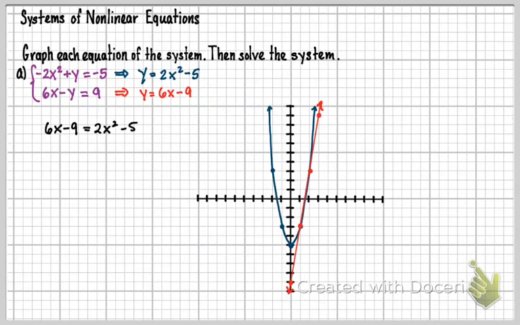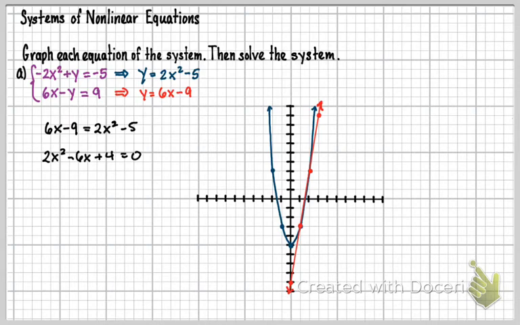Okay, so now I'm just going to move everything over to the right side because I want to keep my x squared positive. Anytime I see an x squared or higher exponent for my variable, I'm always thinking standard form, moving everything to the same side, 0 on the other side, and then factoring or the quadratic formula if possible. So this is going to give me 2x squared minus 6x, plus 4, because I'm adding 9 when moving it to the other side, and that equals 0.